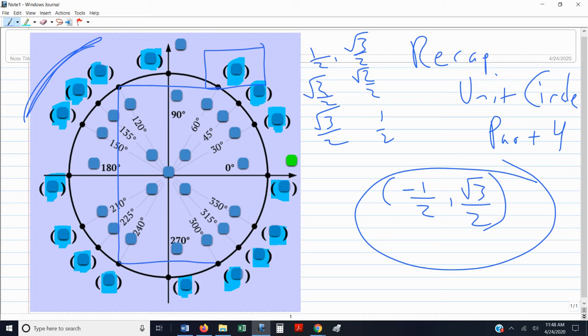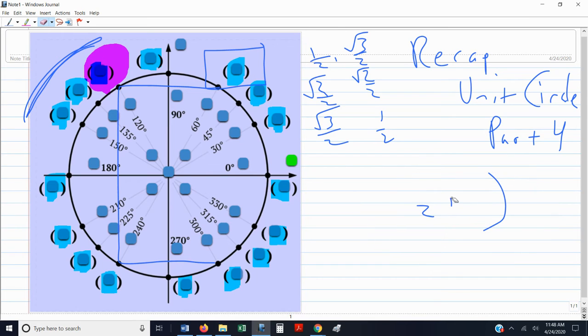So you're looking for the negative 1/2, positive root 3 over 2. That is going to be this one right here. Okay, so I just want to show you a few examples of that, and that is the goal in this video.